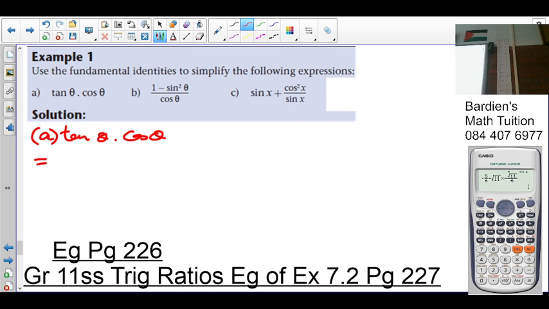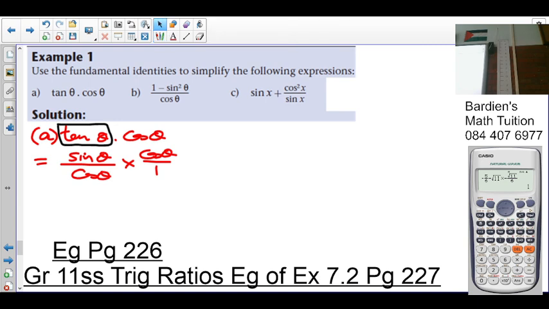What can we change? Tan can be written as sine theta over cos theta, times cos theta. What's going to happen now? They cancel, and it gives us sine theta. You guys understand? Easy, no?